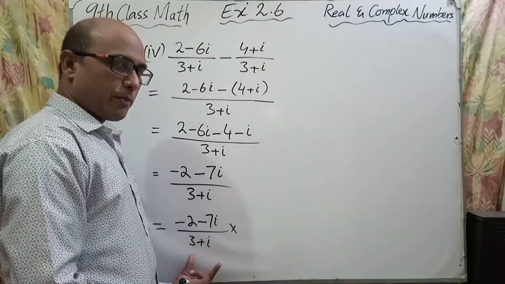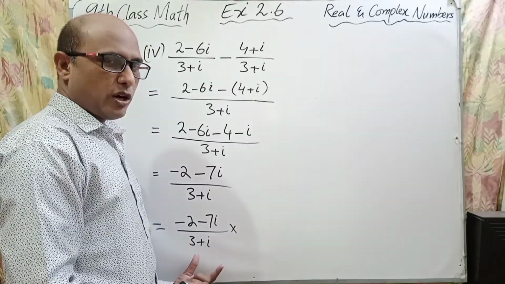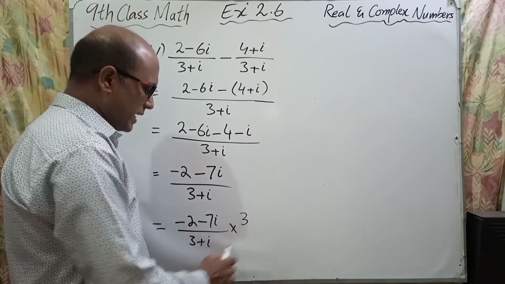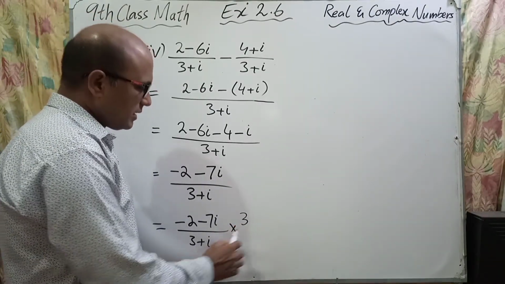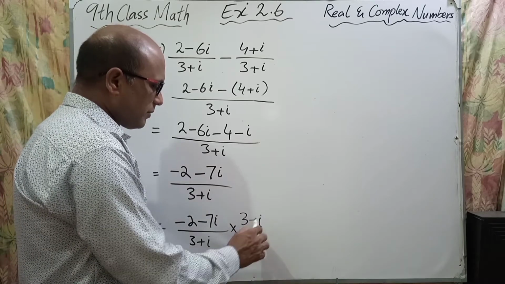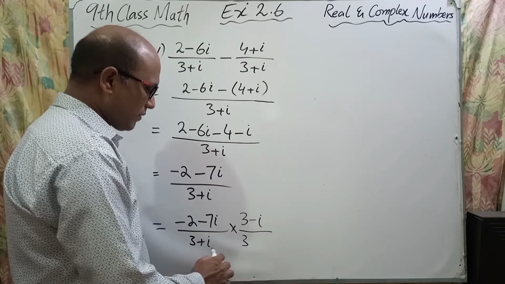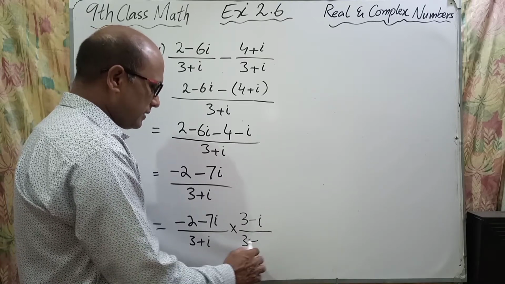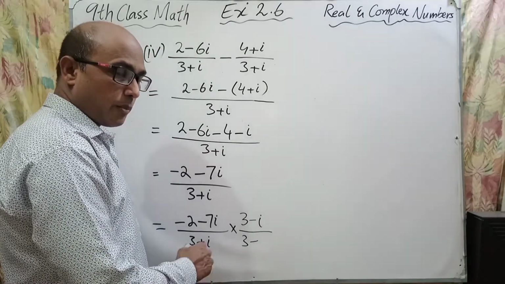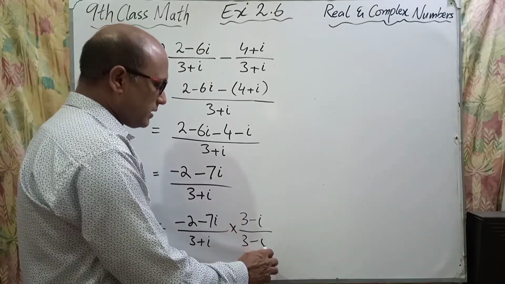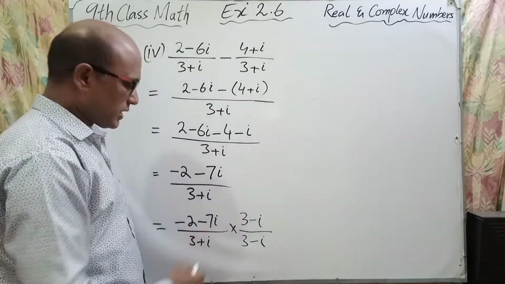Students, here we will apply the method of rationalization. So with the change of sign, if there is plus, we'll write minus, 3 minus iota. So the sign will be changed, and the denominator will be multiplied and divided by this fraction.